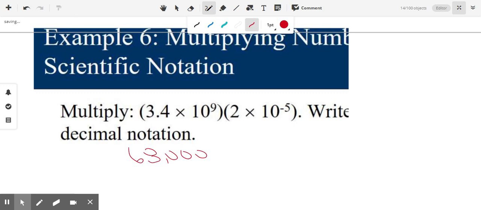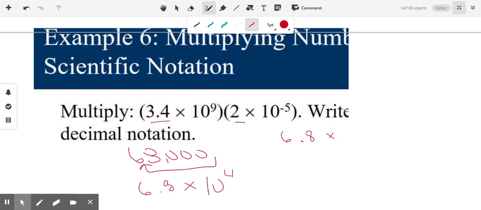If I did want to write that in scientific notation, remember that decimal would have to go right there to make that 6.8. And then it's moved 4 spots, so that would be 10 to the 4th. If you were wanting to do it by hand, you would multiply 3.4 times 2, which is 6.8. That's in proper scientific notation.